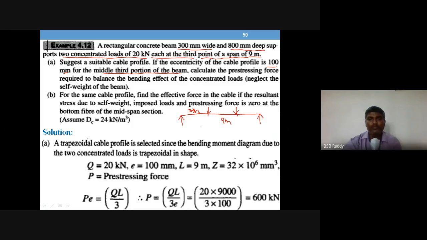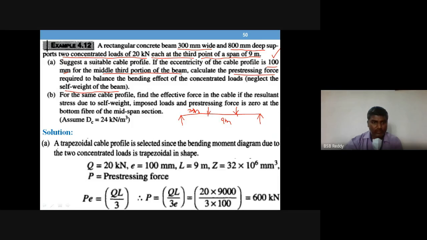So the profile is decided first: a trapezoidal cable profile with the given eccentricity of 100. Your job is to calculate the pre-stressing force required to balance the bending effect of the concentrated loads, neglecting the self weight of the beam. So that is question A.